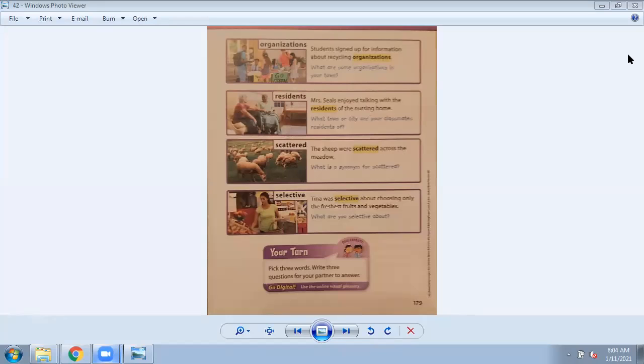If we say the residents of Ishla, then we're talking about the people who live in that area. So if you talk about a particular area and you say the residents of that area, you're talking about the people that live in that area. Okay, thank you, Yusuf.